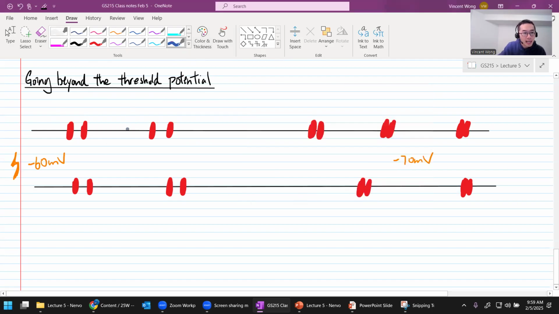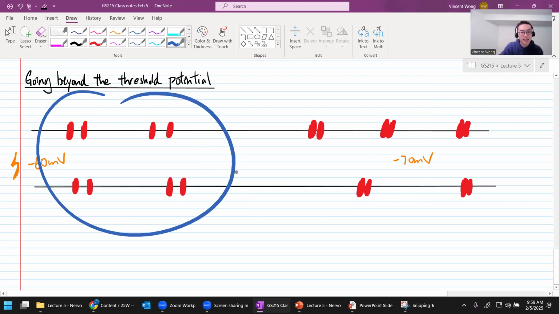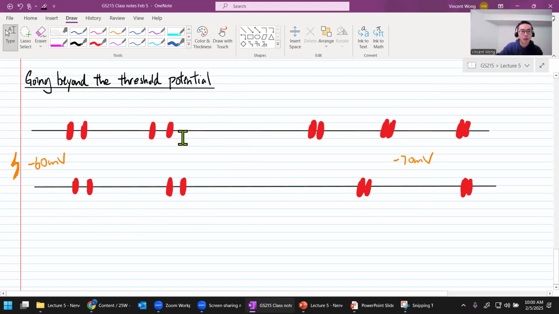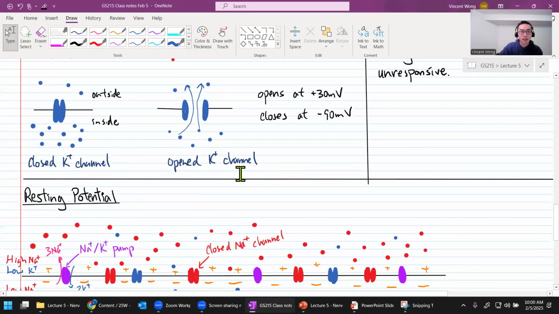And for the potassium, are the potassium channels open or closed in this section? Potassium, the blue ones, are they open or are they closed? They are closed. Very good. Let's take a look at here.